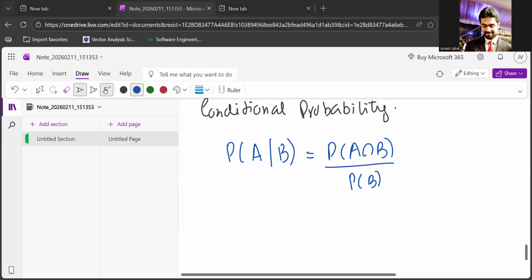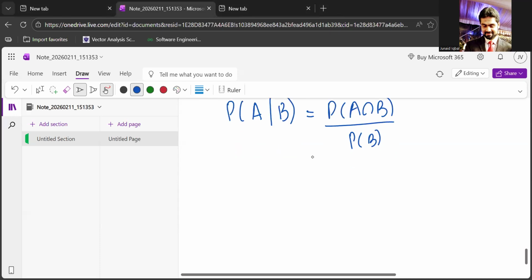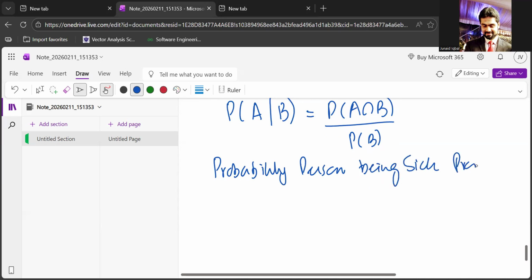Let's say you are saying the probability of a person being sick, provided that his test results are positive.